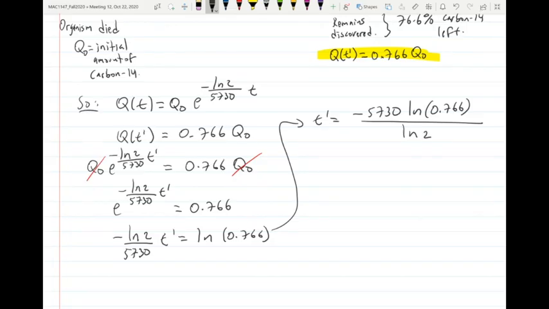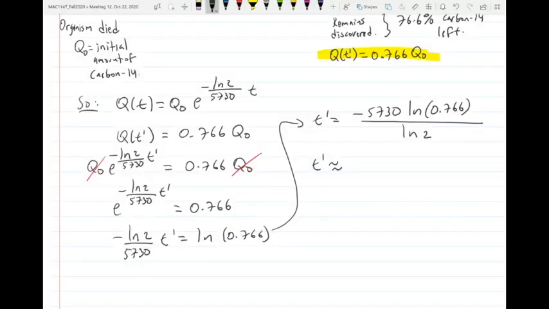Okay, so let's see, what do we get for T prime? We're going to have 0.766, then ln of that times 5730. That's a negative number, but since we have a minus, it nicely makes it positive, and then divided by ln of 2.